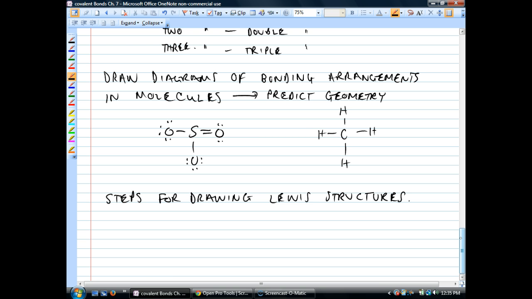If you're not the type of person who likes to follow steps, and so you skip steps, then there are two things you're going to get wrong: balancing redox equations and drawing Lewis structures. All right? So you've got to follow these steps. Step 1: you count up all the valence electrons.